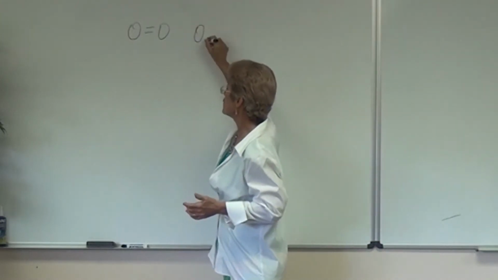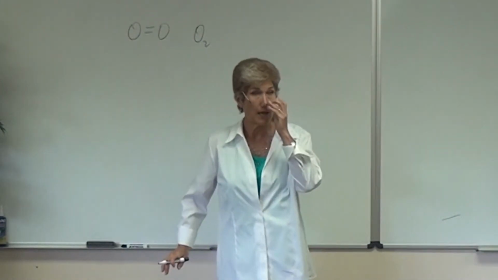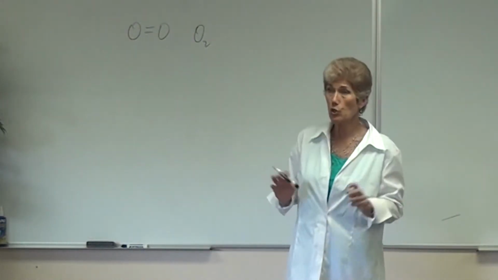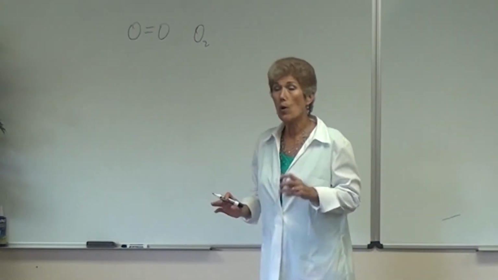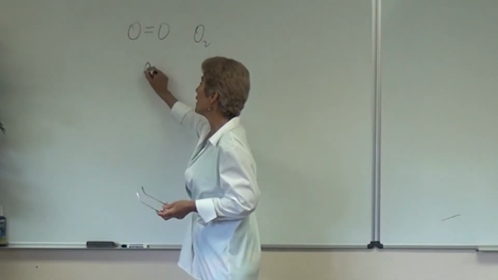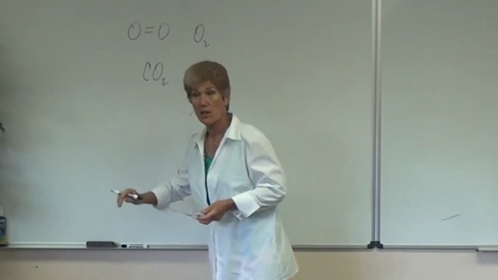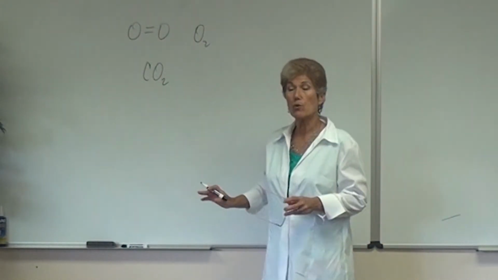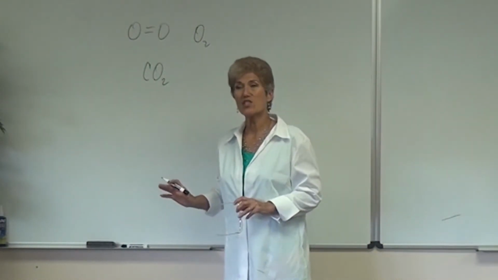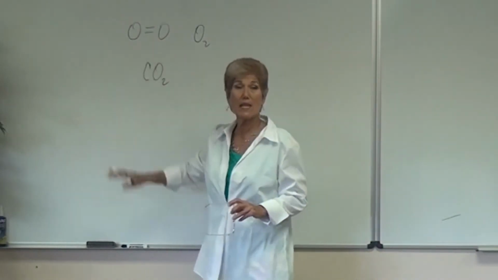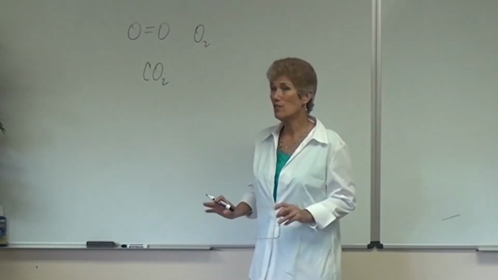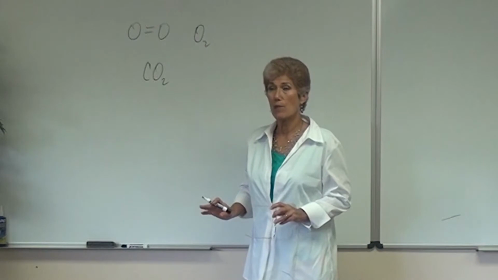It's not just oxygen that we breathe. We breathe an oxygen molecule where 2 of those are attached together. When we exhale carbon dioxide, right? That's a molecule because when 2 or more atoms are attached together, you have a molecule, whether they're the same thing or not.